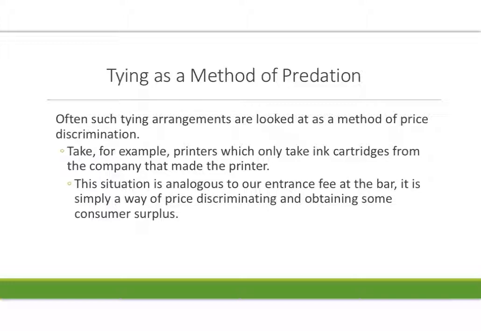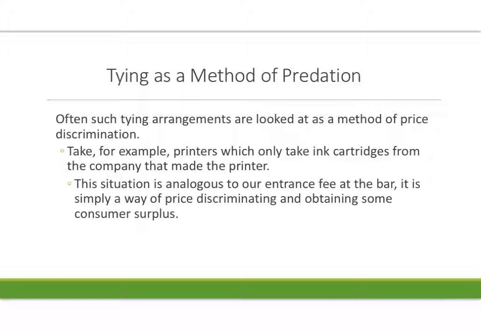Most of the time, if you look at tying, you think of it as basically price discrimination. It's not too dissimilar from what we were talking about in the last module. If you think of the two-part pricing model that we did at the bar, where you charge a cover charge to get in and then a per drink charge once you're in, it's not too dissimilar.